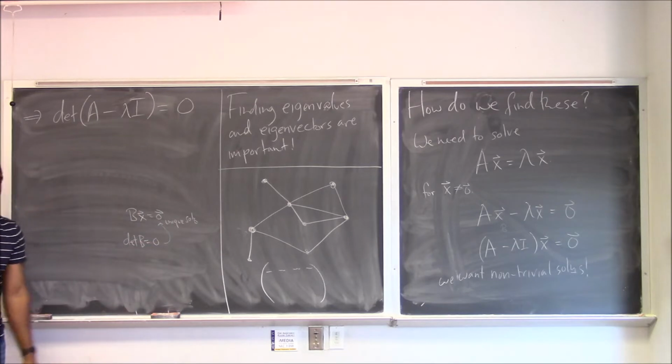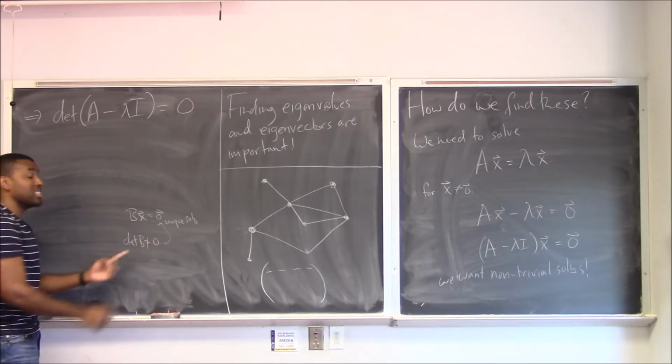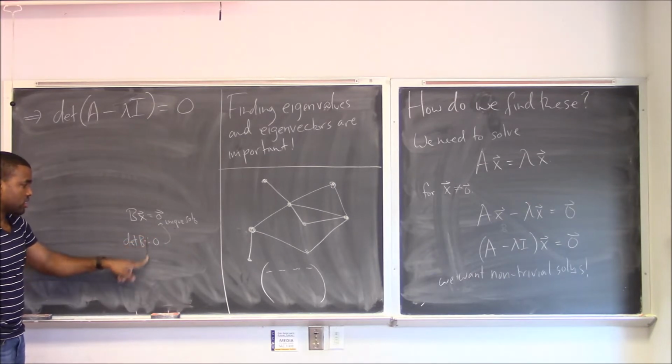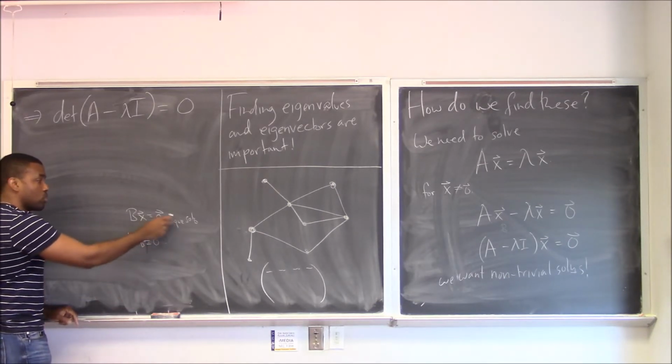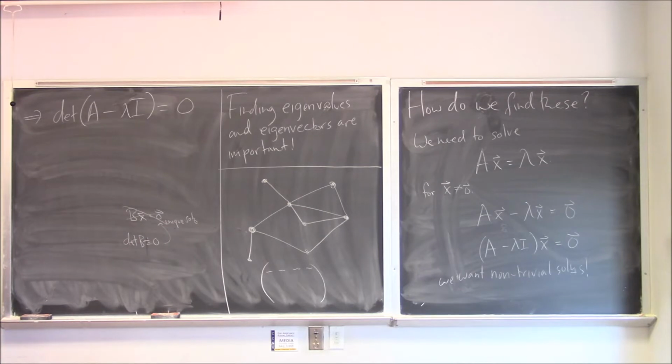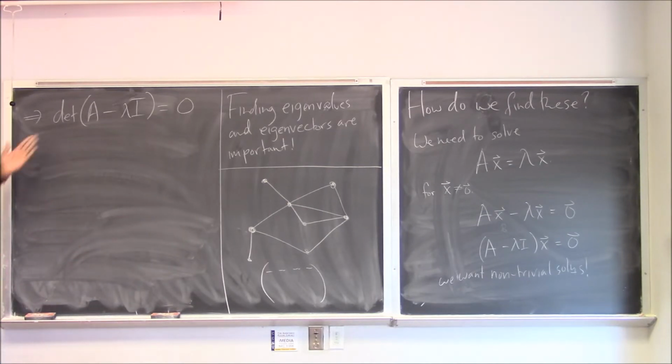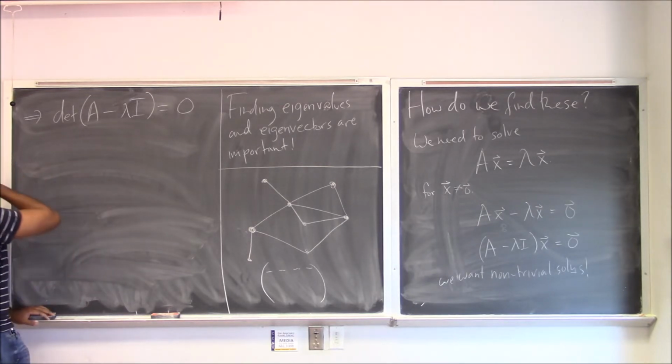We don't want the trivial solution, so I just force the determinant to be 0, and then I don't have a unique solution. I will have many solutions. So that is how we want to find it.